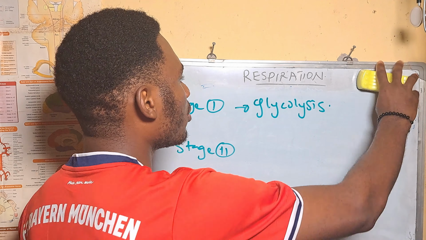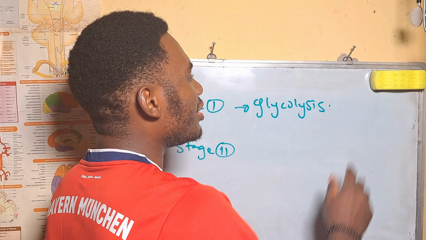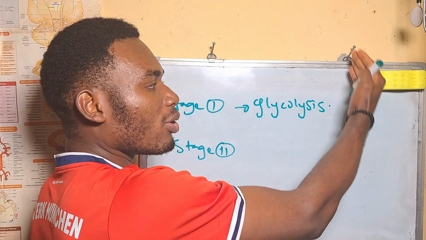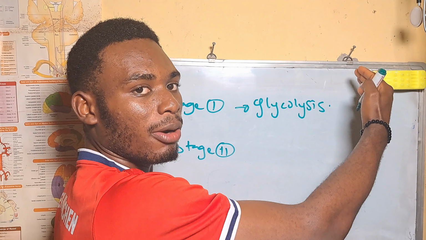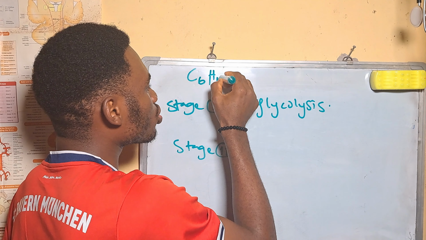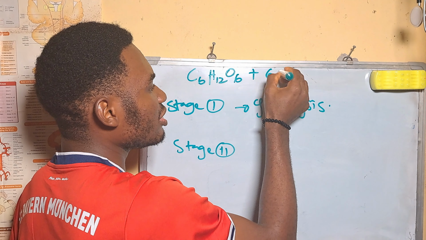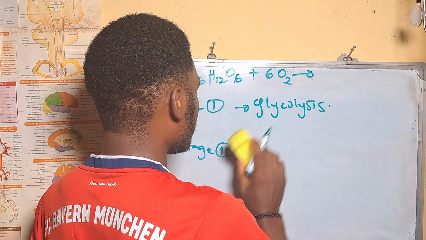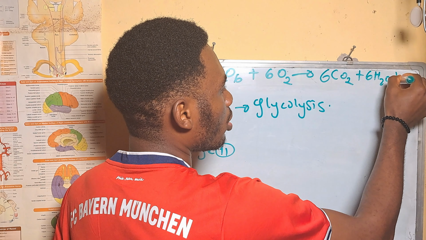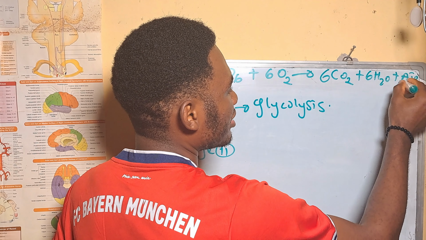Like I told you before, the equation of respiration is glucose plus oxygen, which will give you carbon dioxide plus water plus energy. So the main equation is C6H12O6 plus 6O2 gives you 6CO2 plus 6H2O plus ATP, 38 ATP.